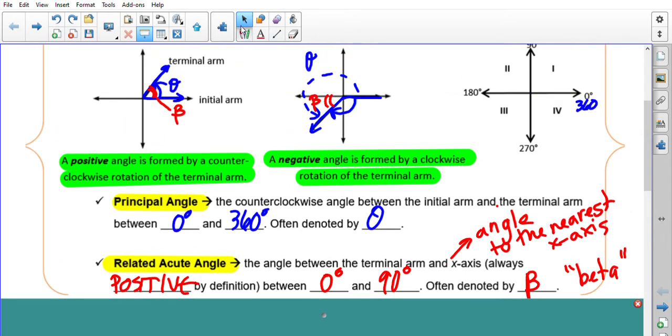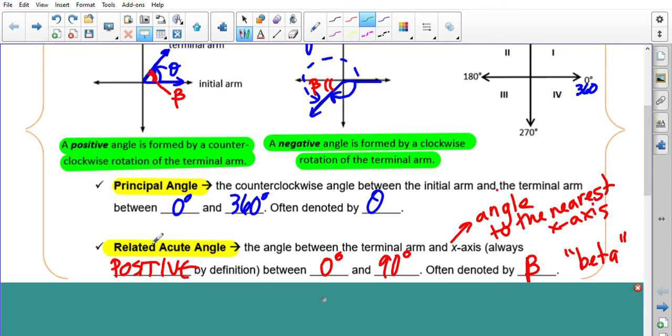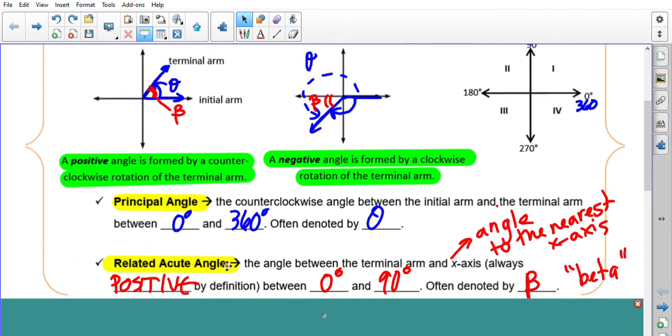However, if this was the angle, then the related acute angle would be the little part I've indicated here in red, because that's the angle made with the terminal arm and the nearest x-axis. So because it's always to the nearest x-axis, we always say that this angle is positive. It's kind of like me saying, what is the shortest angular distance to the nearest x-axis? And we know that means that it's between 0 and 90 degrees. And we often denote the related acute angle with beta.